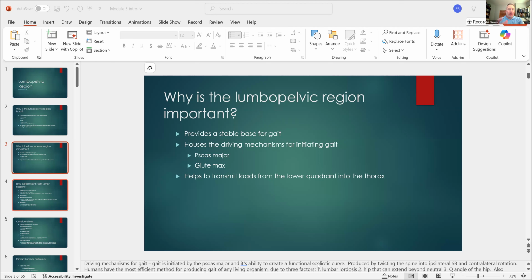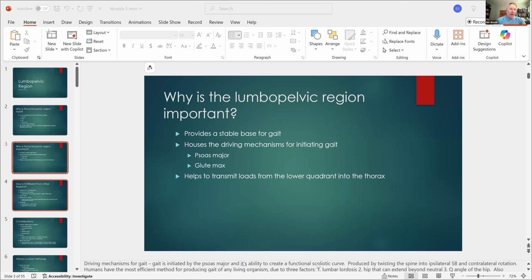The idea is that because of the tension on the psoas muscle, right, and the attachment points of the psoas to the anterior portions of the vertebral body and to the anterior portions of the transverse processes, what it's going to create is an ipsilateral side bending. So if it's my right side, it's going to create an ipsilateral side bending, then a contralateral rotation, and an extension, right?